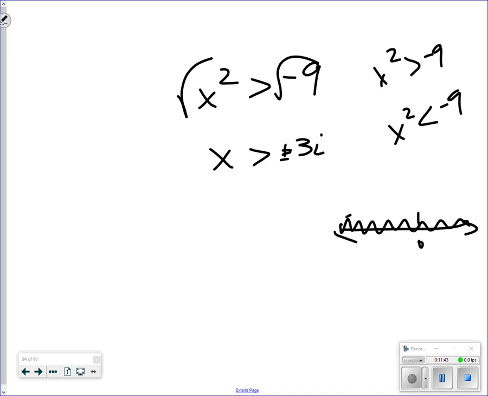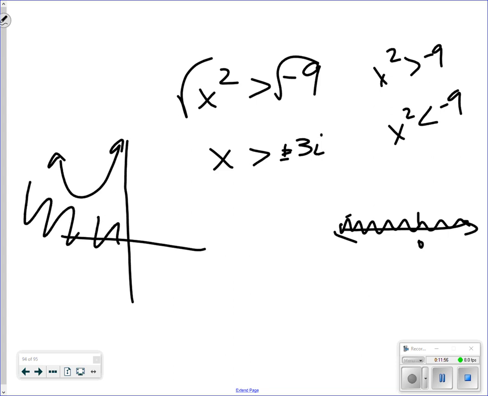So anytime you have an imaginary solution, it's an all or nothing. Literally everything works or nothing works, because what does an imaginary graph look like? It's either shaded on the outside, in which the whole number line would be shaded, or it's shaded on the inside, in which none of the number line would be shaded.